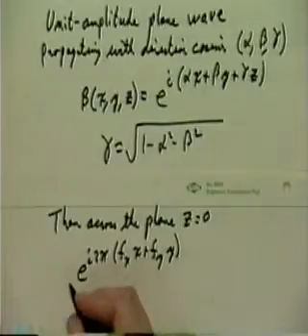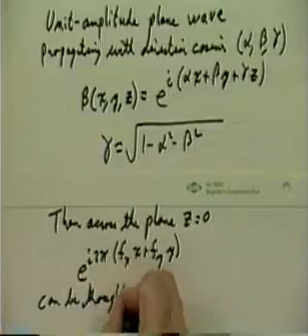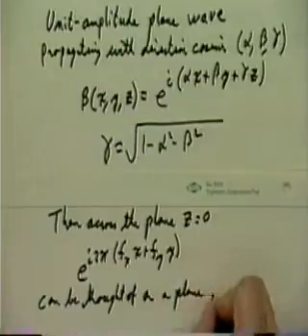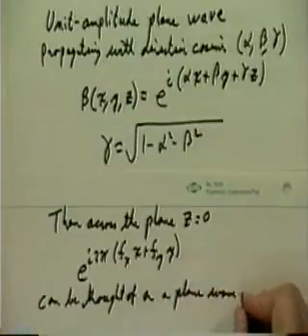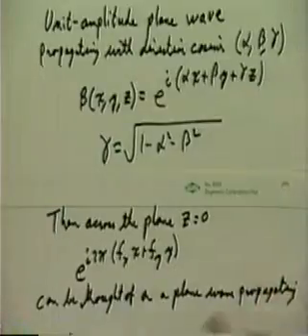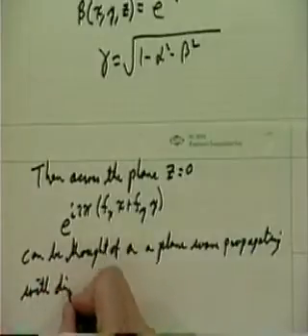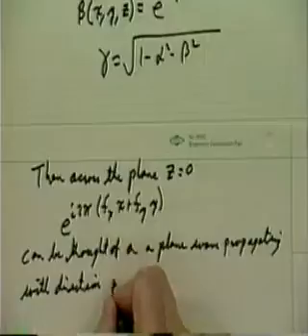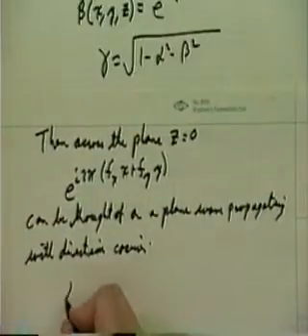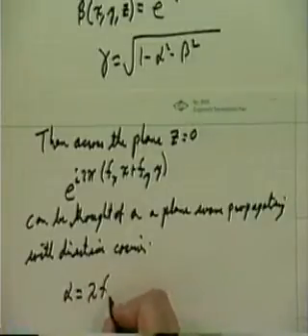So this expression can be thought of as a plane wave propagating with direction cosines alpha is lambda f sub x.